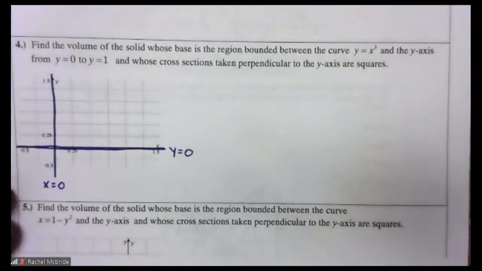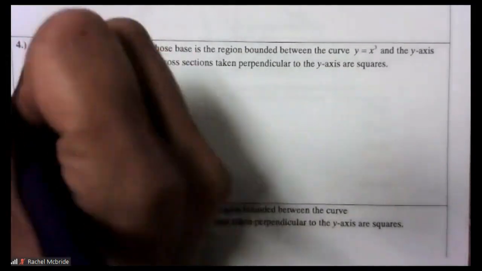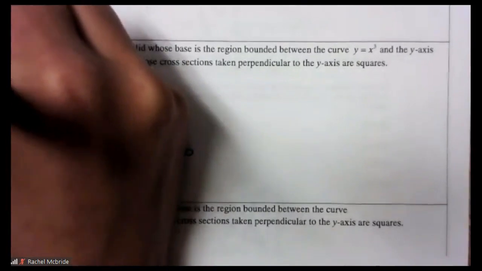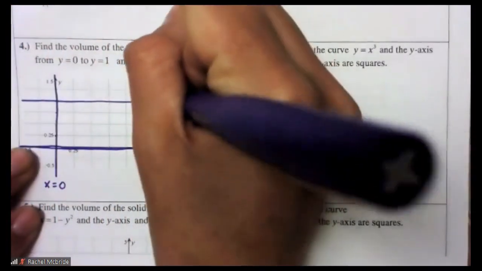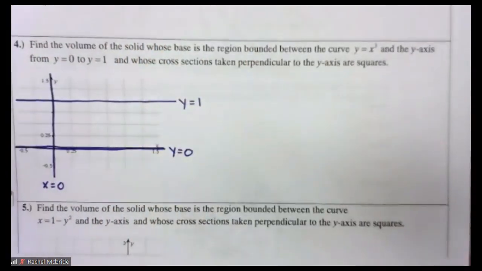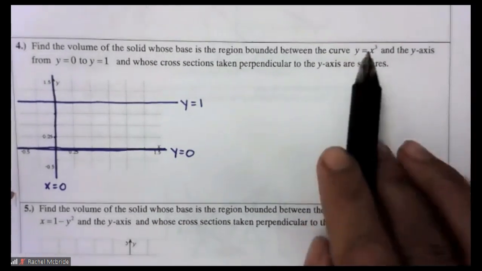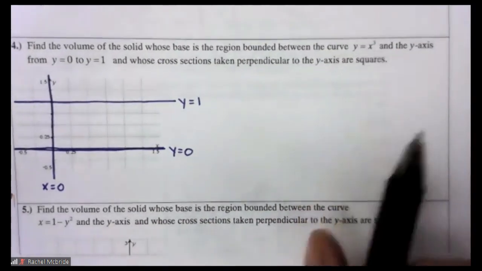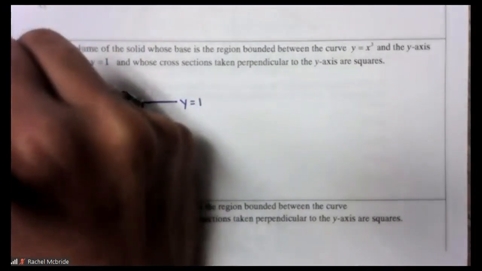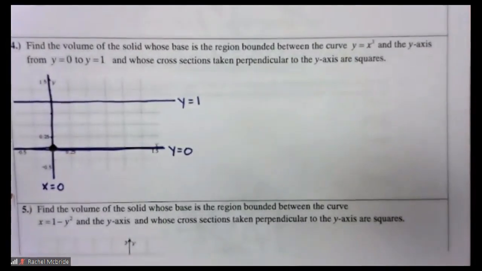And we're bounded by y equals 1. The reason I started with my bounds before the curve is because that tells me, okay, y equals x cubed. That goes through 0, 0 and 1, 1.